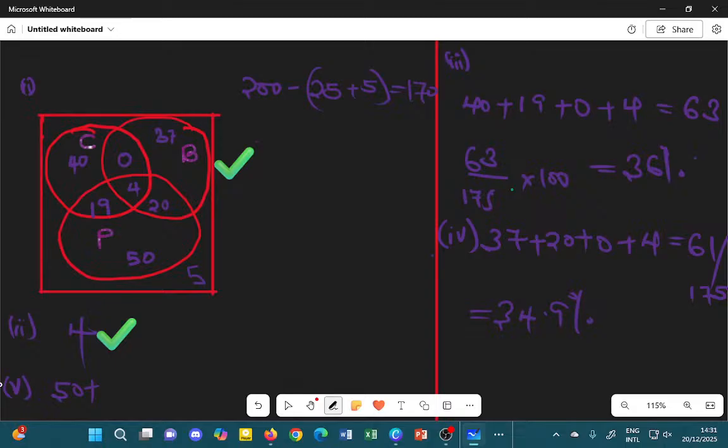Packaging and color, they are 19. Then brand and packaging only, they are 20.